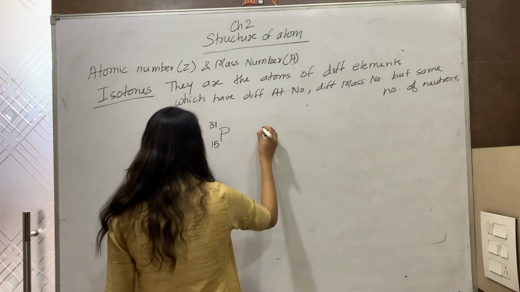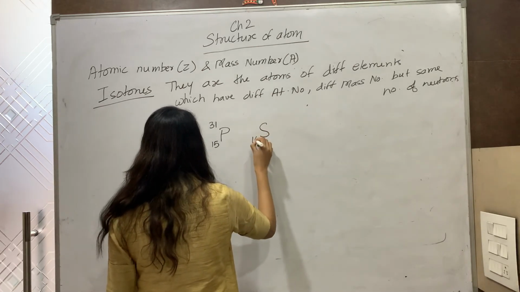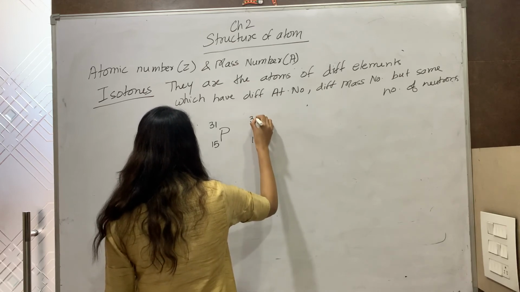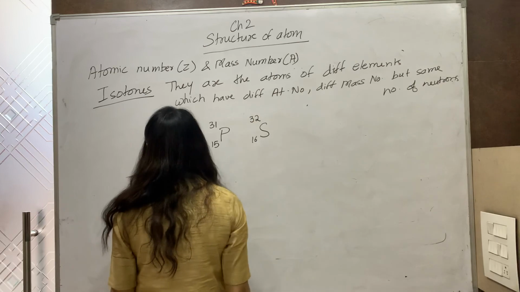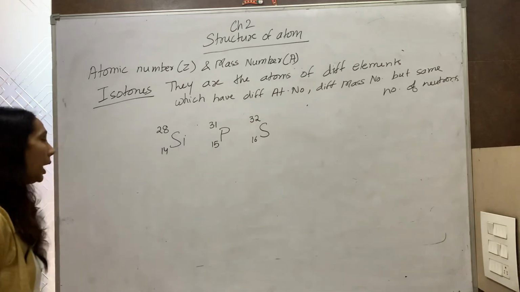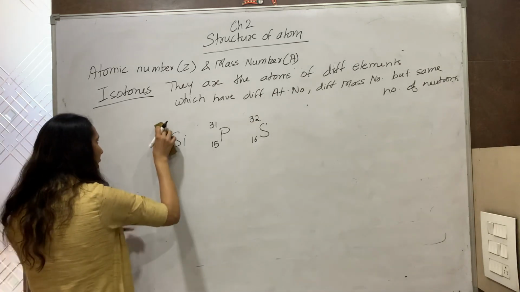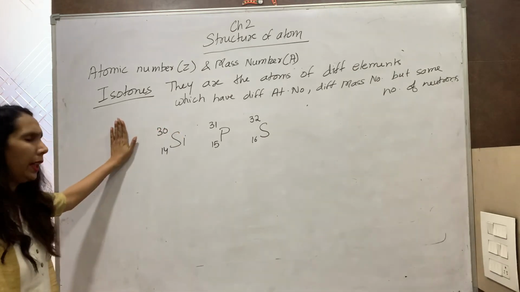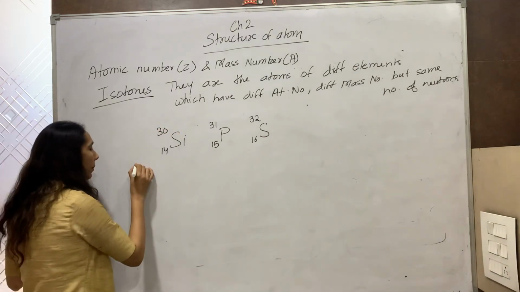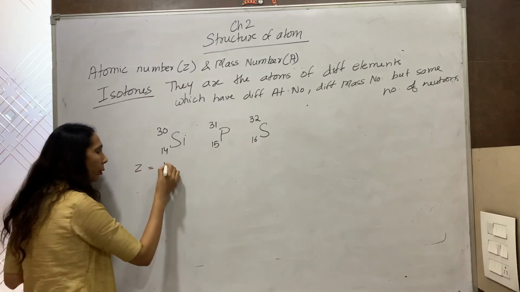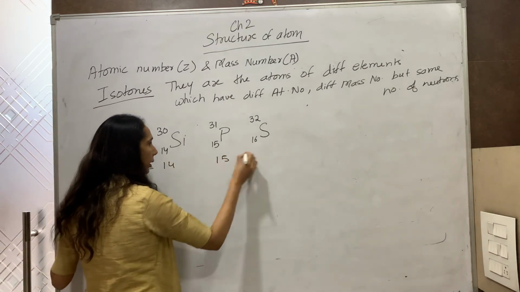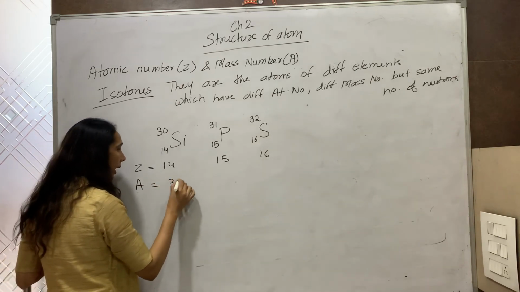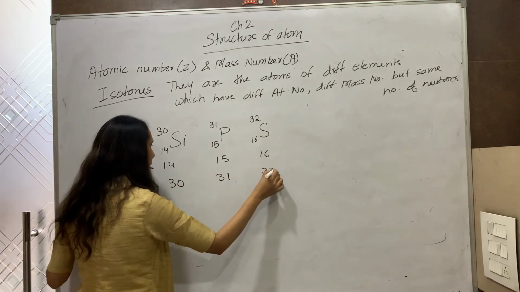When I consider sulfur, it is 16, 32. Sorry, I put it here 30. These are the three elements. For them, Z is equal to 14, 15, 16. And the mass number is 30, 31, 32.